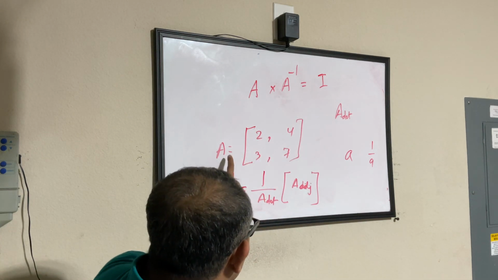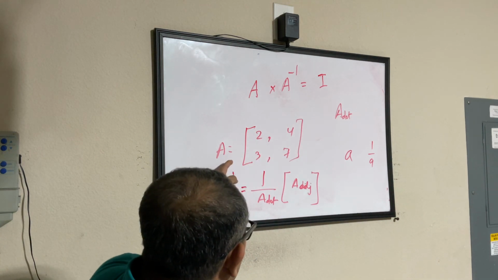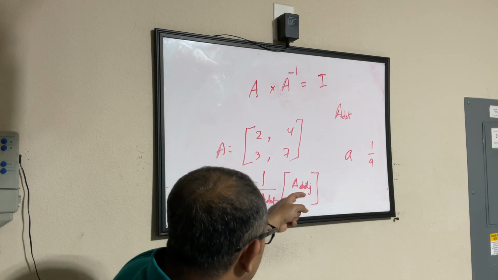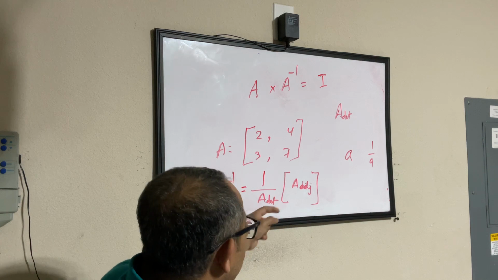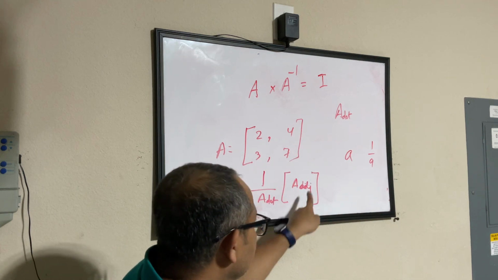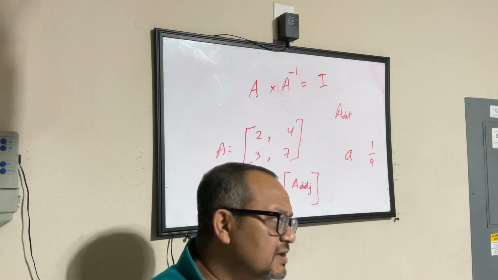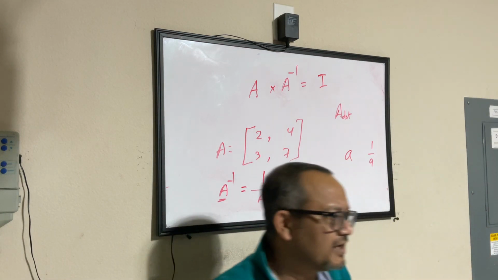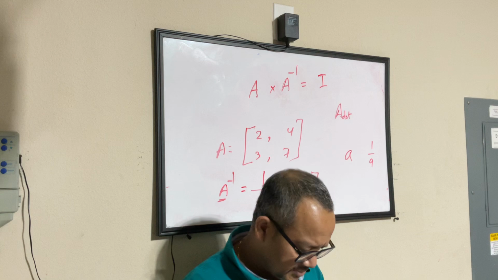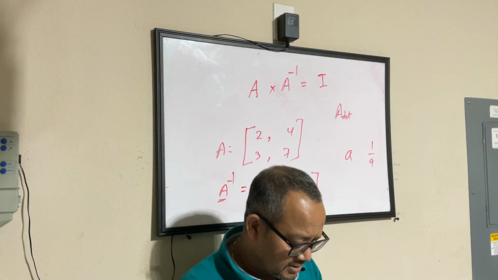So if I have a matrix A, the inverse of that will be 1 by determinant of A multiplied by, let me find out how you pronounce it.